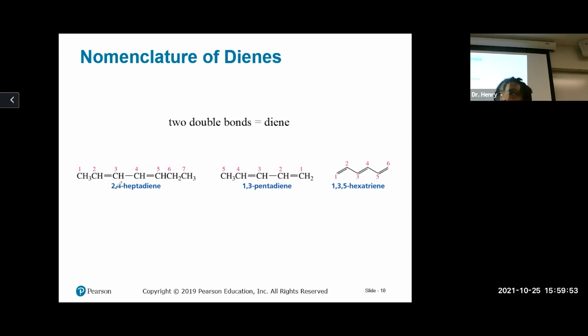So this guy is 2, 4: it starts at the 2 carbon and starts at the 4 carbon. This guy is 1, 3: it starts at the 1 carbon and starts at the 3 carbon. This guy is 1, 3, 5-hexatriene: it starts at the 1, the 3, and the 5.